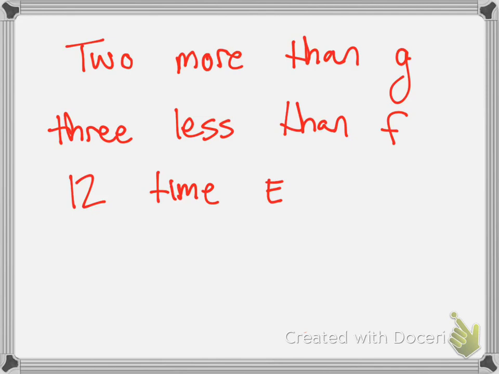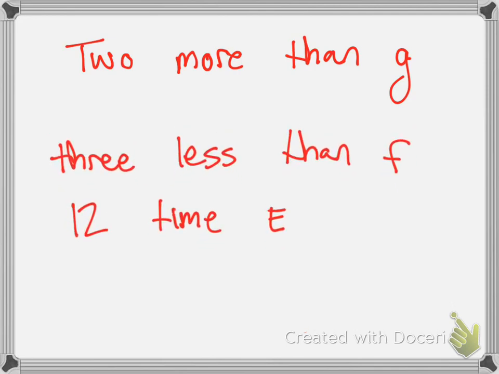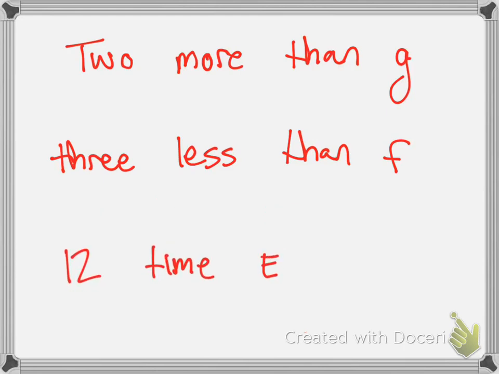So, let's write that in expression form. So turn these words into numbers and operations. Each one will still have a variable. I can't get an answer. There is no is this, equals this.